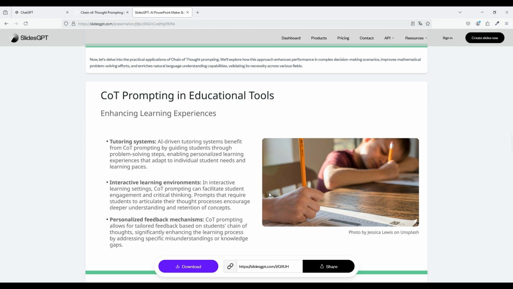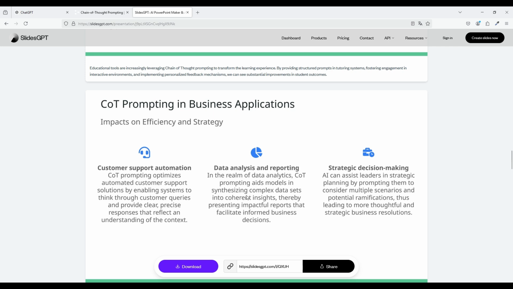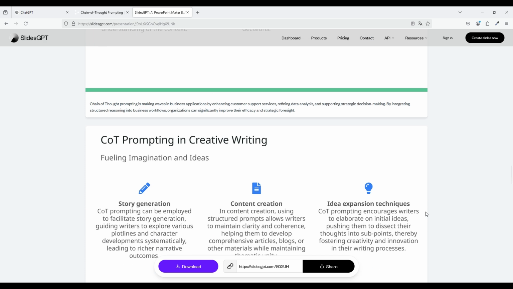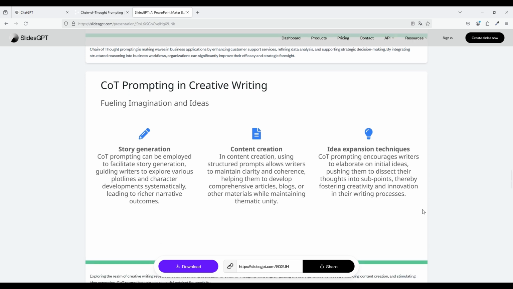You can use this in educational tools. This is a very good technique in order to explain things, and hence the educational use. You can also use this in customer support automation, data analysis and reporting, strategic decision making, etc. With chain of thought prompting you can also be creative in generating stories and content creation.